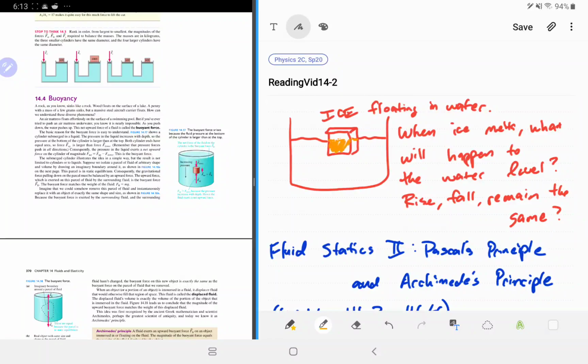Right here in this picture, this is the amount of the ice cube that's submerged. This is the volume that's going to appear in Archimedes' principle, not the whole volume of the ice cube, but just the amount that's under the water line. So again, if something's fully submerged, you can use the volume of the object, but if it's floating, then you have to take the amount that's underneath the water line.